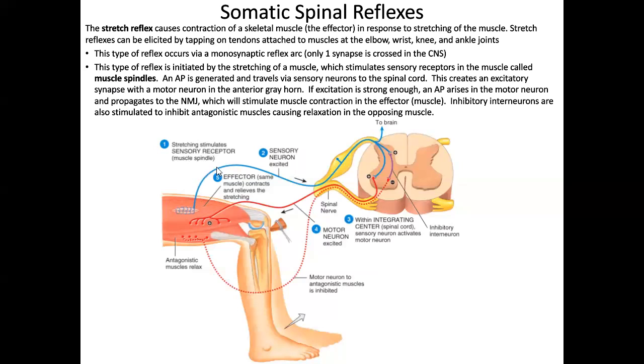They then create an action potential that travels into the backside of the spinal cord, where we see a couple things happening. Okay, first of all, we're going to involve signals traveling out into the white matter to go up to the brain so that we can actually feel and be aware, or have that perception of that touch of that tendon to our knee.